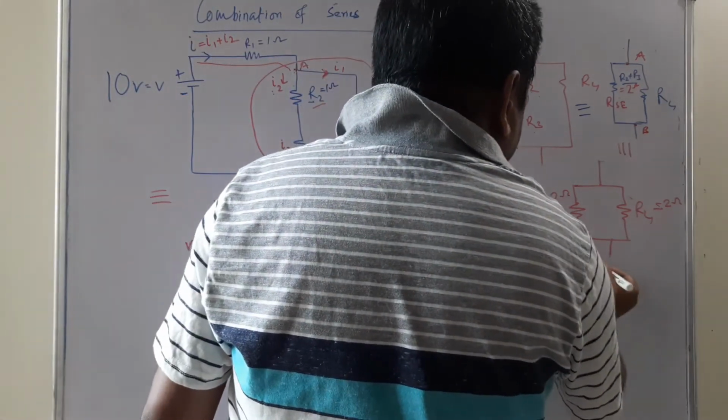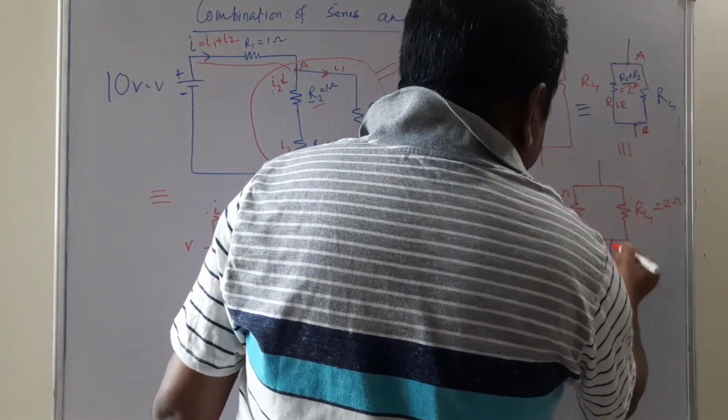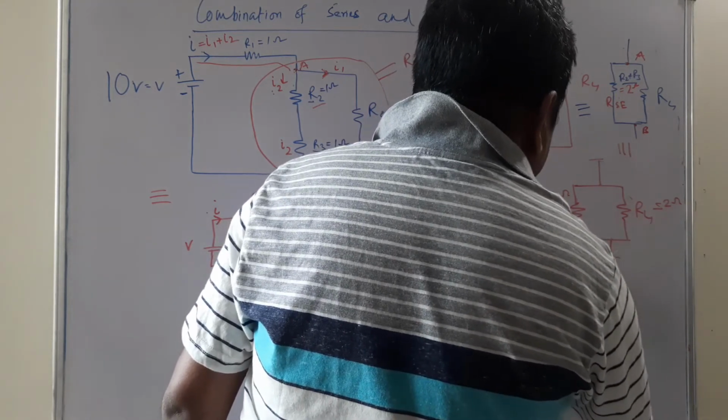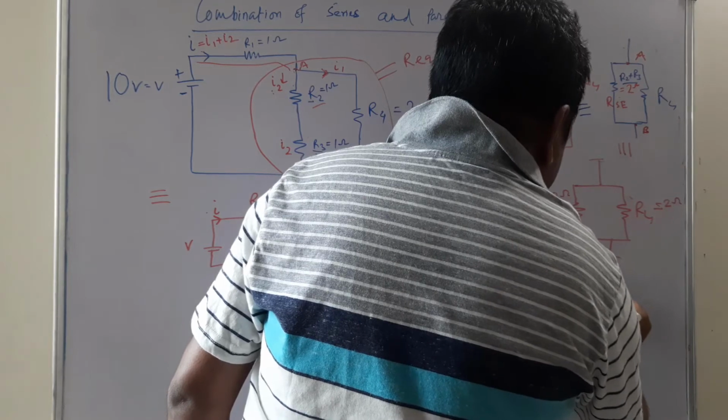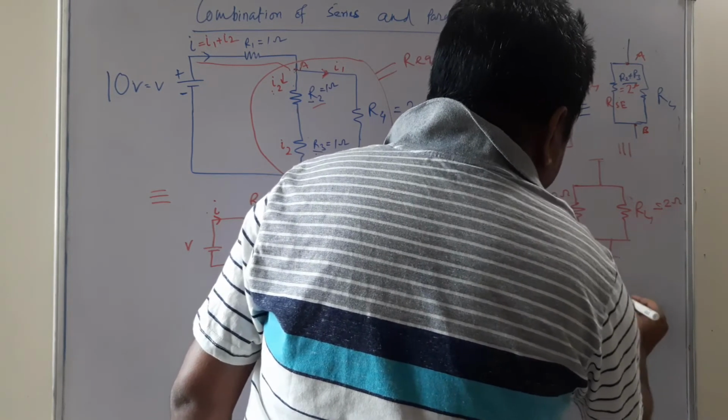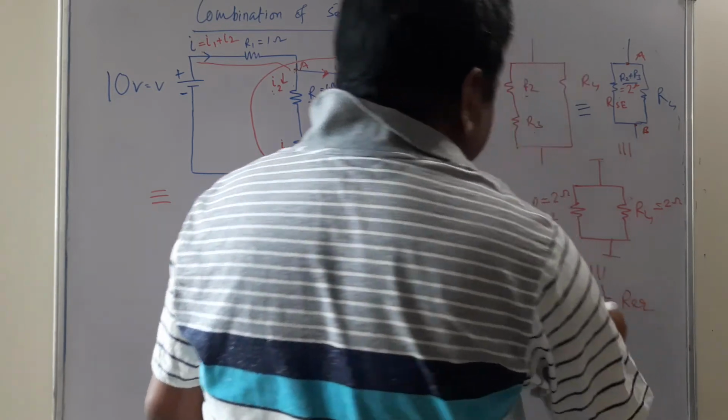So if you replace this with a resistance Req, what will be this value?